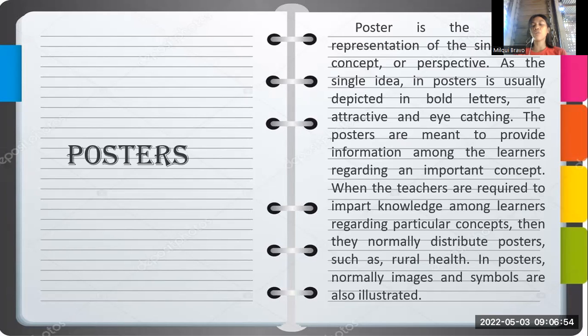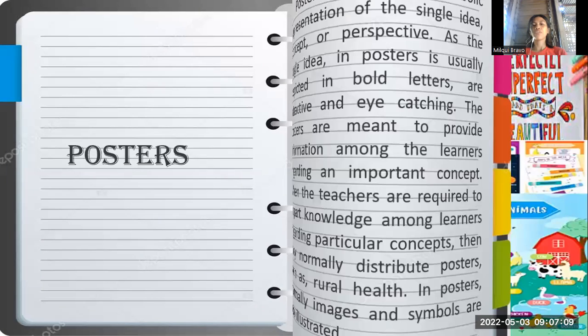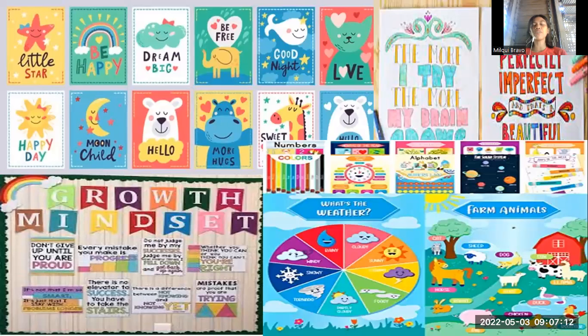When teachers are required to impart knowledge to learners regarding particular concepts, they normally distribute posters such as those on rural health. In posters, normally images and symbols are also illustrated. So these are the examples of posters in preschool and elementary. It is very eye-catching because the children are not into words but into drawings and colorful stuff. So this is for the preschool and elementary.